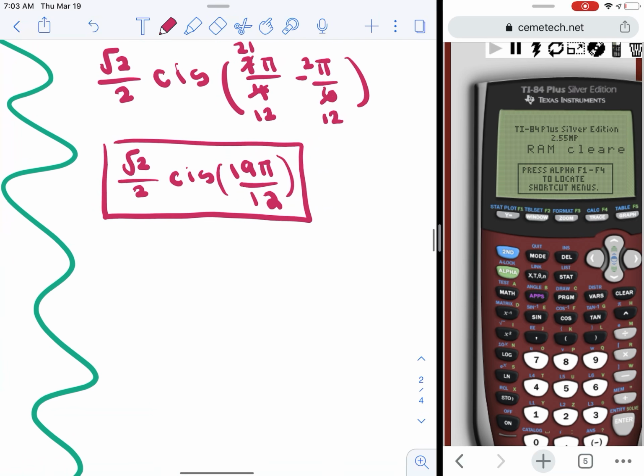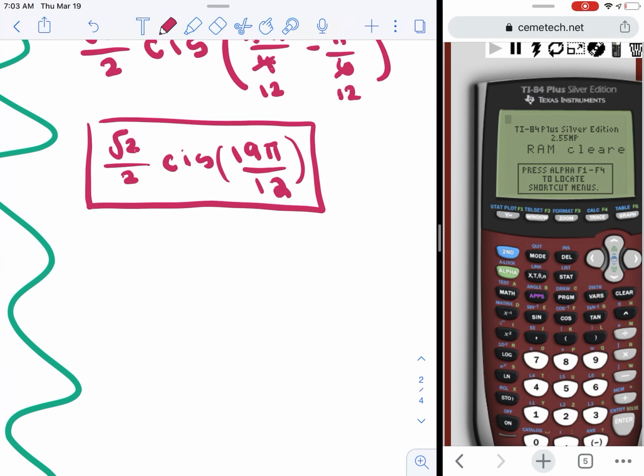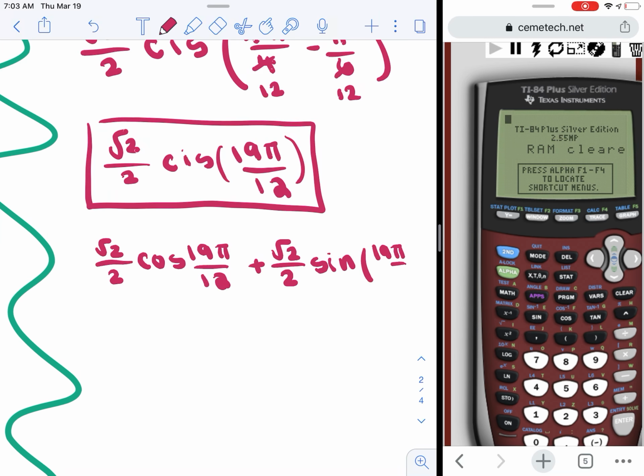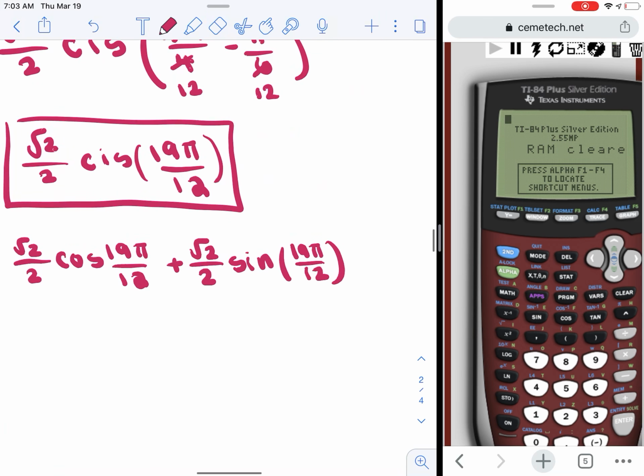Now, if you want to do standard form, you could take that root 2 over 2, and what we need to do is find the cosine of 19 pi over 12, and then add to that the root 2 over 2 times the sine of 19 pi over 12, but don't forget the i on that entire term.